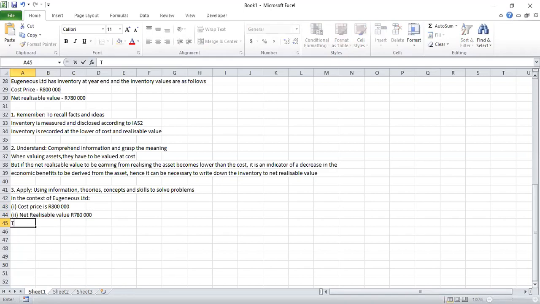So that means the inventory should be disclosed at the lower, the net realizable value.